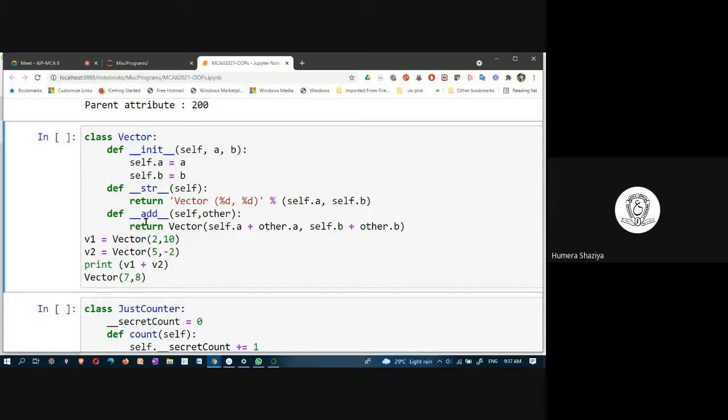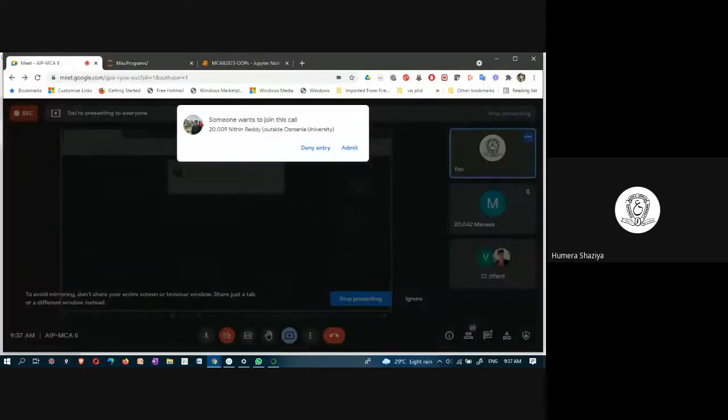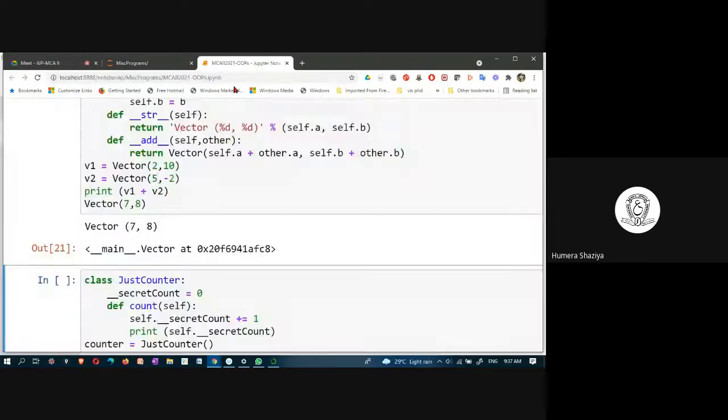This add method actually represents the plus operator. When you execute this, after the execution, we could perform addition of v1 plus v2. 2 plus 5 is 7. 10 plus minus 2 is 8. We get 7, 8 because these two objects have been added through the overloaded plus operator.